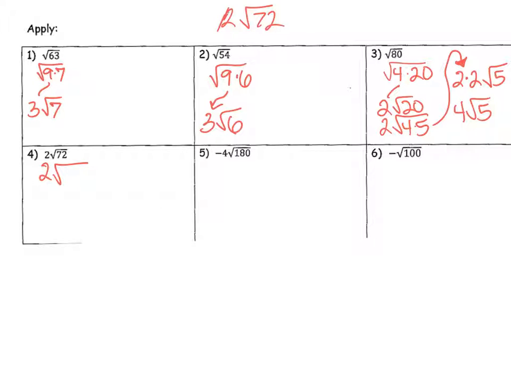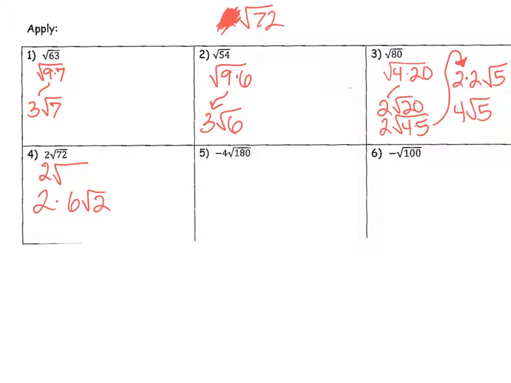I wanted to know, if this 2 wasn't here, what was the answer to example 3? 36. Notice how the answer was 12 rad 2. Take out this 2 that I multiplied to get 12. What comes out if I take out that 2 from that 12? 6 rad 2. Oh my gosh. So it's 2 times 6 rad 2.